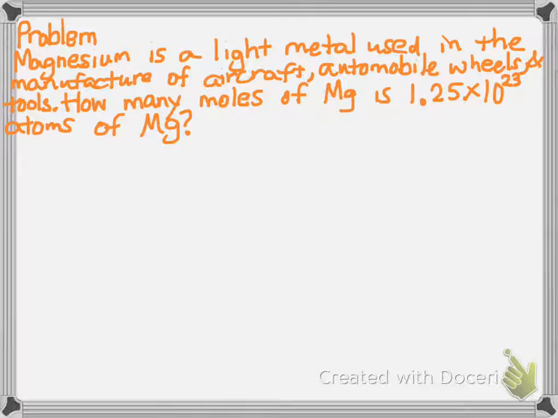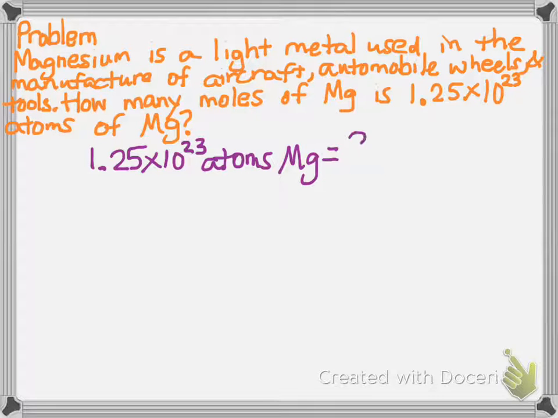So I would encourage you to take the question and make it a little simpler. I'm going to say the problem is really asking me to take 1.25 times 10 to the 23rd atoms of magnesium and figure out how many moles of magnesium that is.